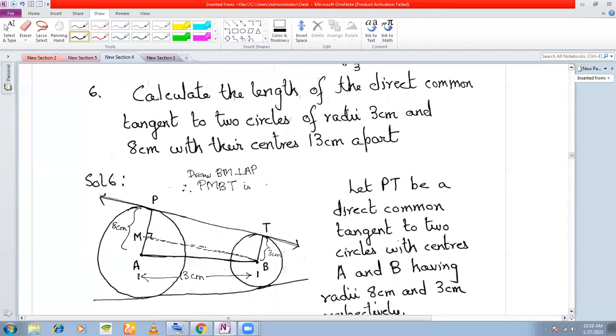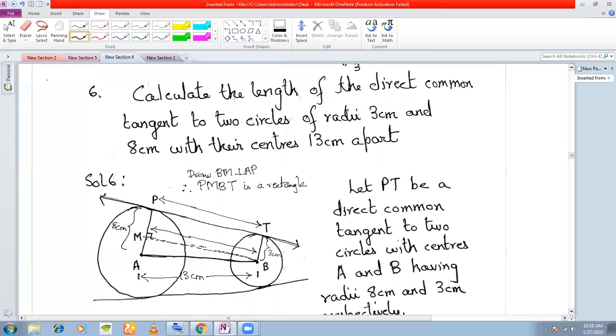PMBT is a rectangle, right? Now, if PMBT is a rectangle, that means if I simply calculate the length of BM, this must be equal to the length of PT, right? Because opposite sides of a rectangle are equal.